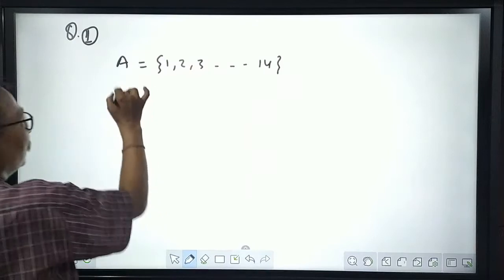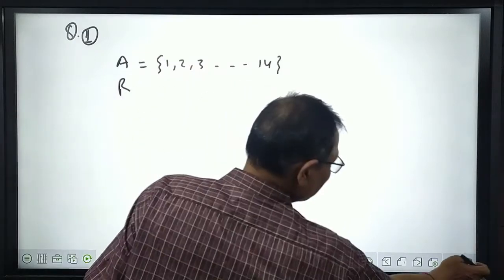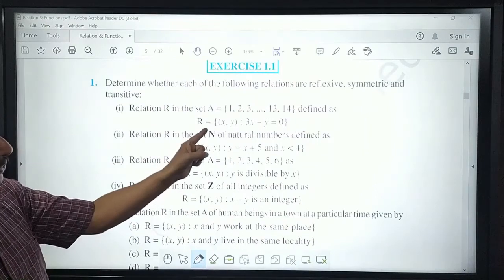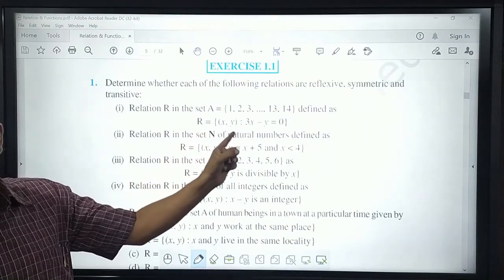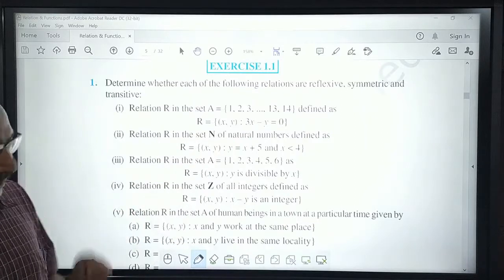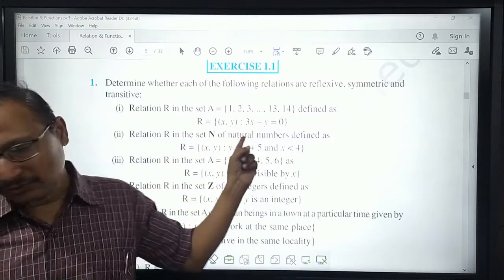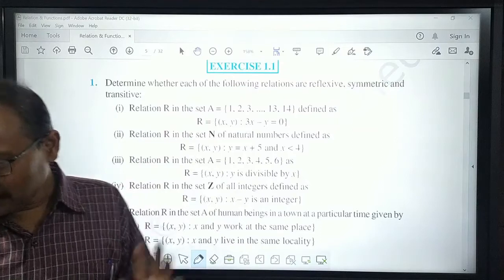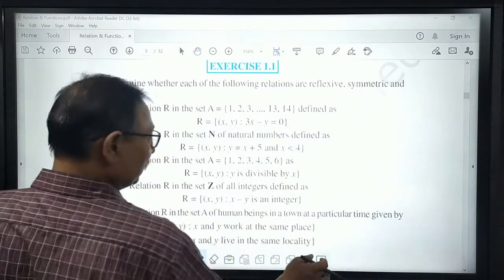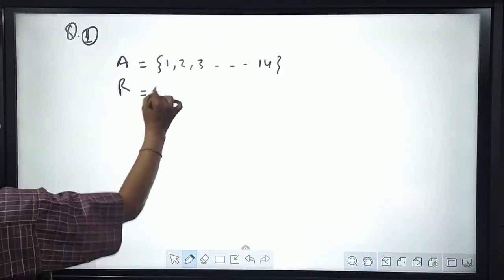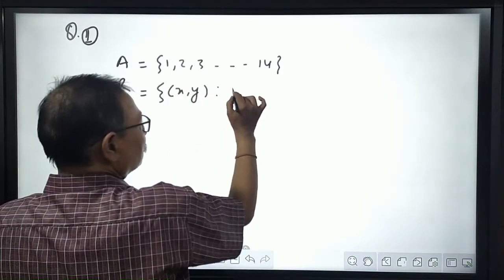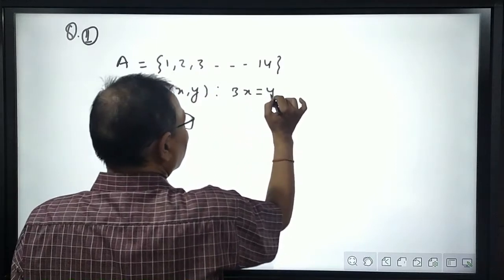And this relation R is defined as (x, y), where 3x minus y is equal to 0. 3x minus y is equal to 0 means what? It means that y is equal to 3x. So it is very clearly defined: (x, y) such that 3x is equal to y.